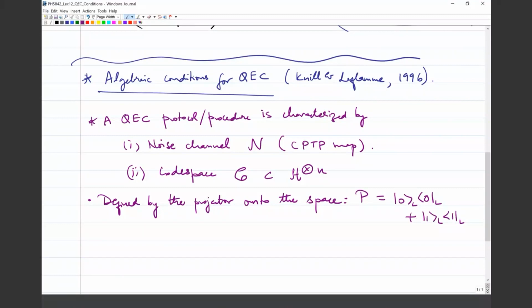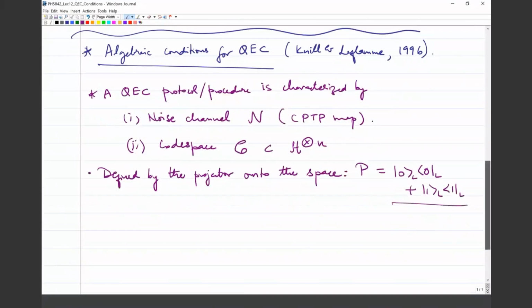The logical 0 and the logical 1 states are now the corresponding 0 and 1. And the span of this is the code space. Any state which can be written as a linear combination of the 0L and 1L constitutes the code space. So there is a projection operator that characterizes this code space, and we've seen this before.